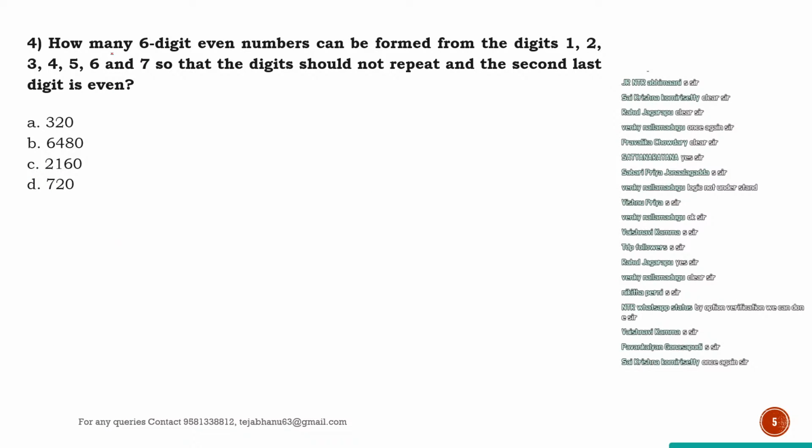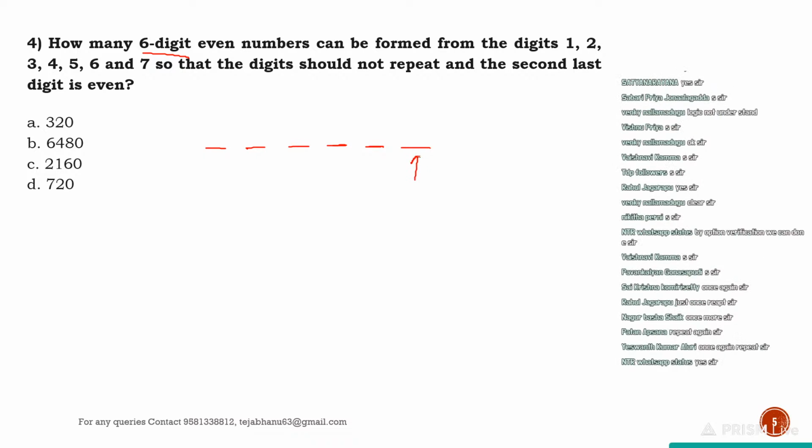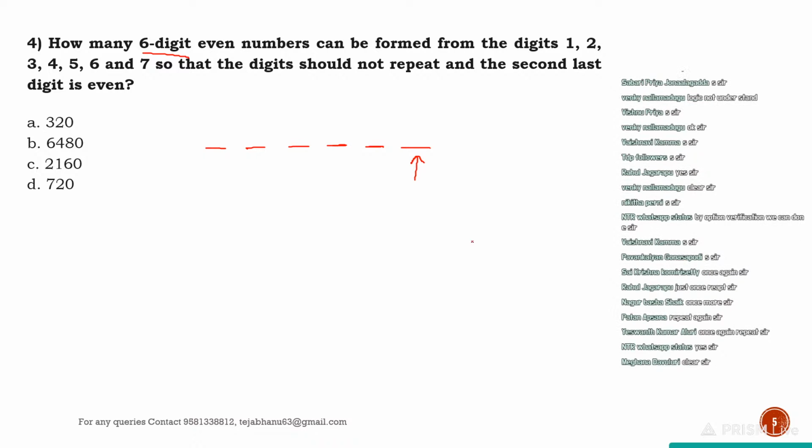Actually, we have to form a 6-digit even number. We have 7 digits and we have to form a 6-digit even number. For even number, the last place should be even only.